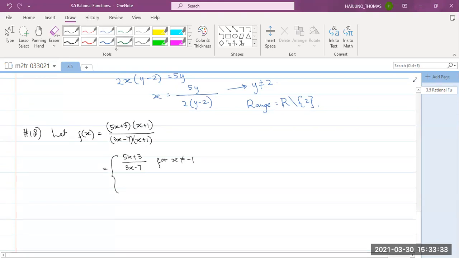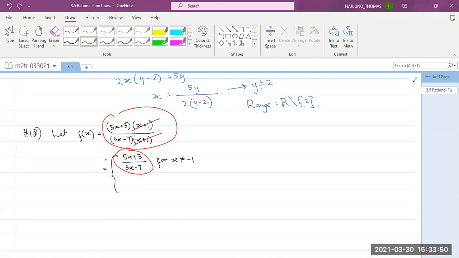What I want to say is this. What we usually do in algebra is we simply cancel this, right? And we say that this equals this. Actually, they are not exactly equal. They are only equal to each other as long as x is not equal to -1.